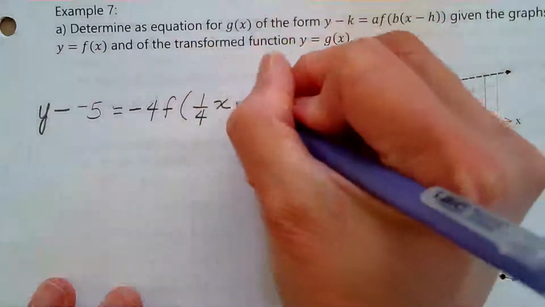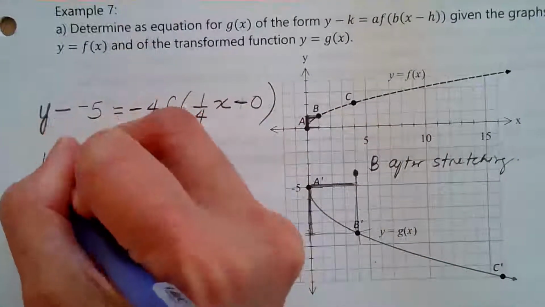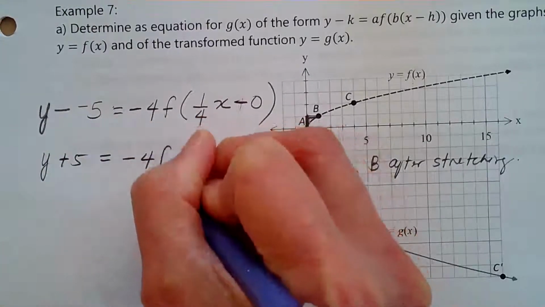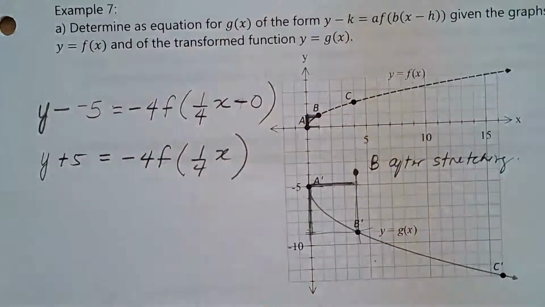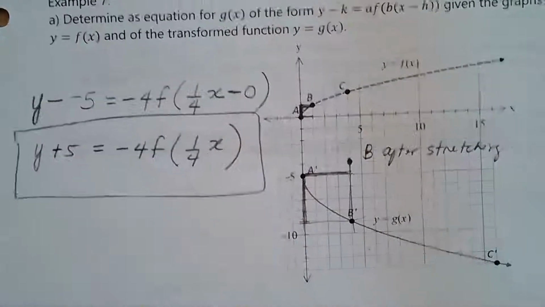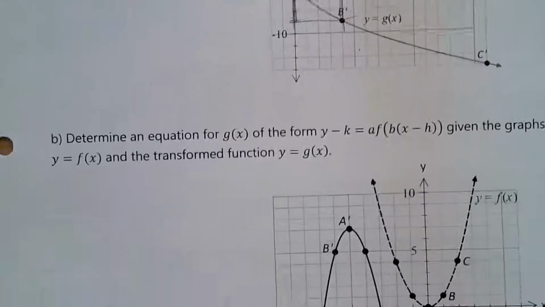We can go plus or minus 0. So putting it together and cleaning it up: y plus 5 equals negative 4 f of 1/4 x. And that's it. So we have to deal with how it was stretched and compressed first, and then from there, we do the translation last.